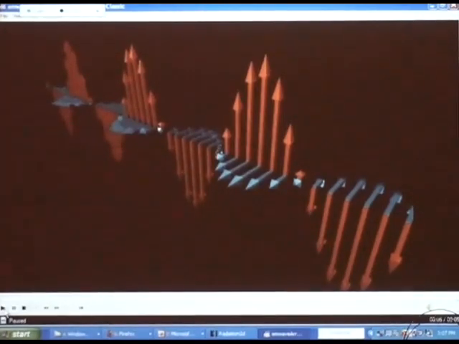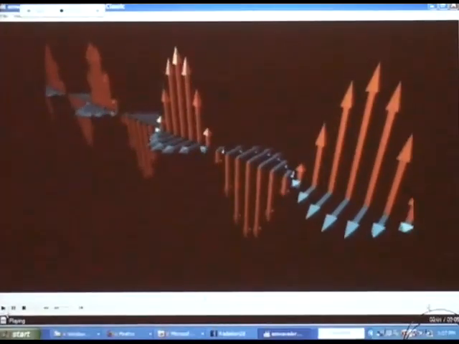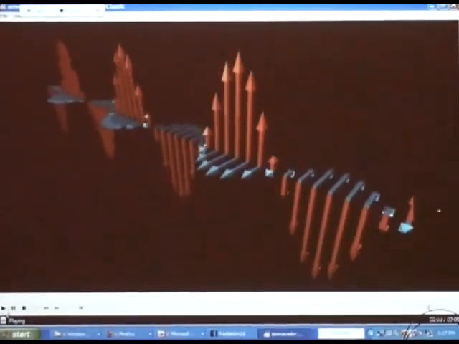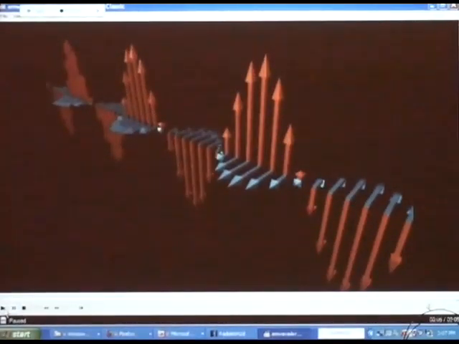These two waves are coupled together, and they wave together, and the entire electromagnetic wave then propagates in this direction as the electric and magnetic arrows move up and down in this waveform. So that's really what we mean when we say electromagnetic wave.